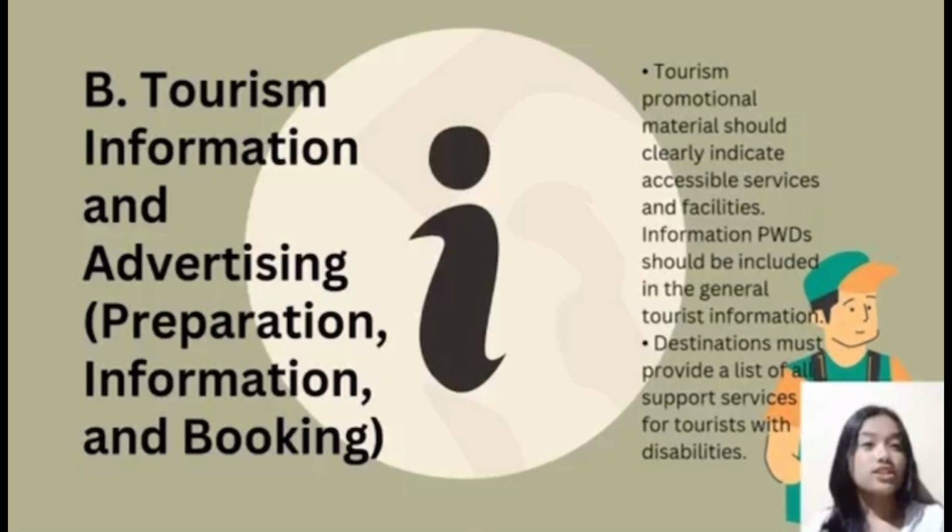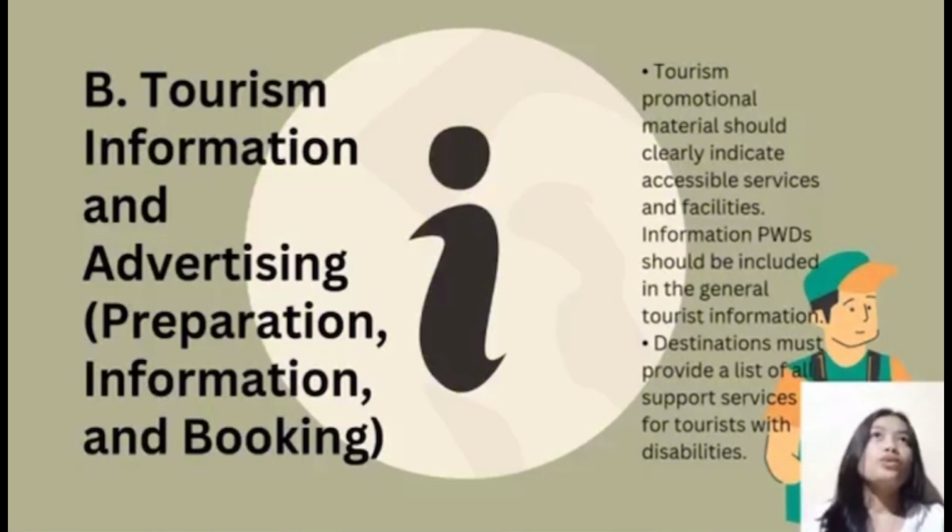Next one is destinations must provide a list of all support services for tourists with disabilities, such as facilities for the repair and replacement of prostheses. So prosthesis means an artificial body part such as a leg or any man-made substitute for a missing body part. And also the distributors of specialized medical care, especially whenever there is an emergency.